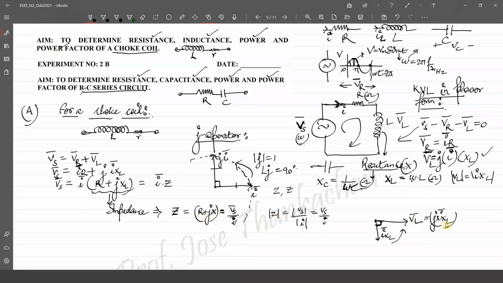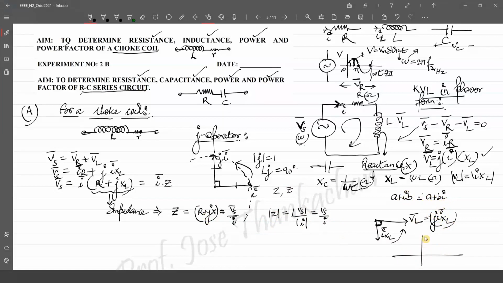So you should understand this J operator. Whenever I say J operator, it is the same representation in terms of a real and an imaginary part. You all have studied A plus IB, or A plus BI, complex numbers. So what is A plus BI?